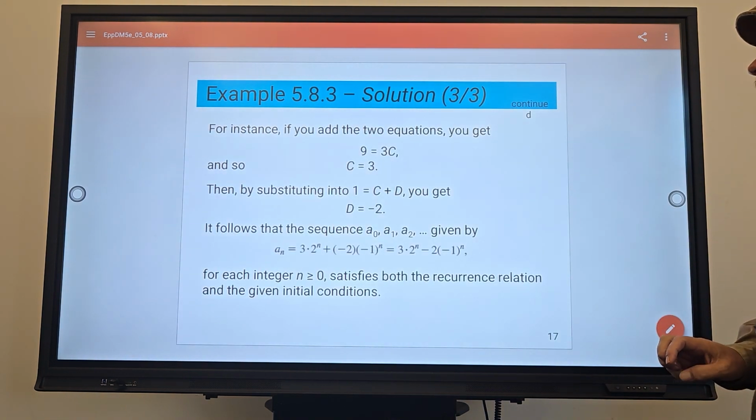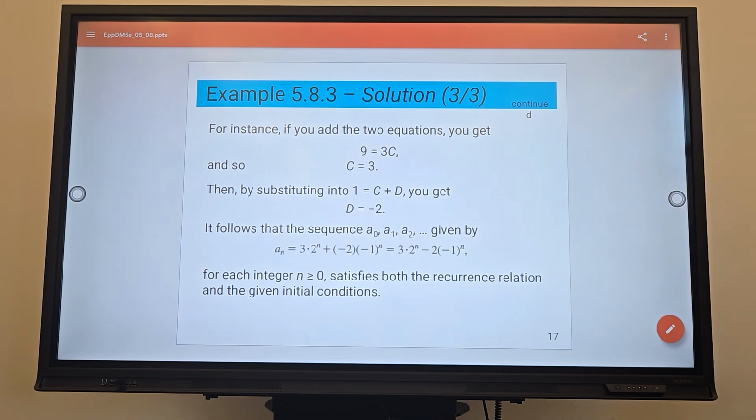For instance, if you add the two equations, you get 9 equals 3C, and so C equals 3. Then by substituting into 1 equals C plus D, you get D equals minus 2.